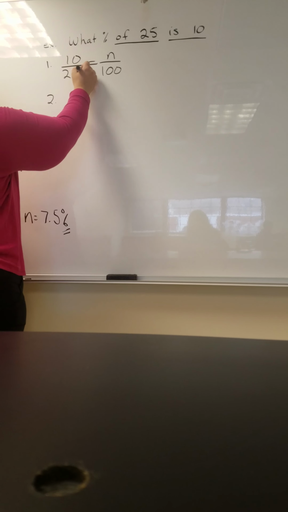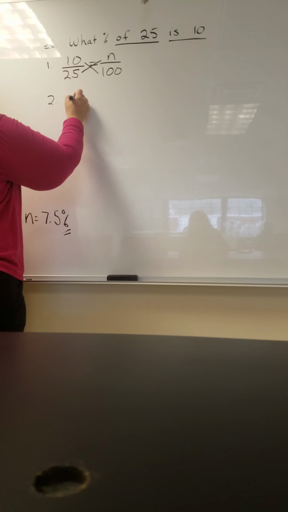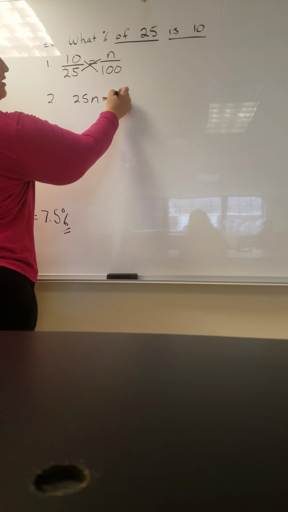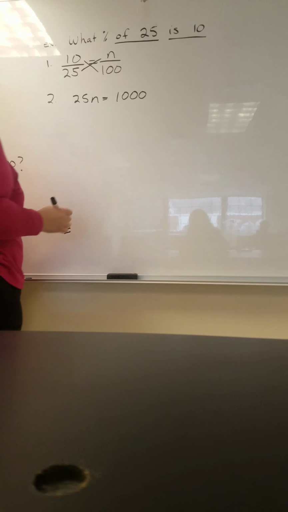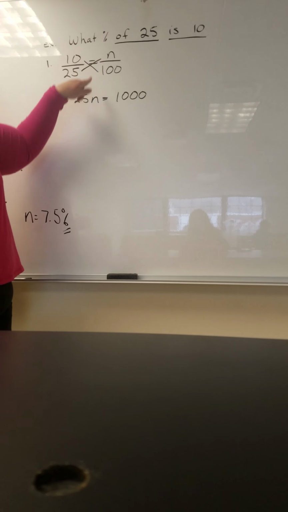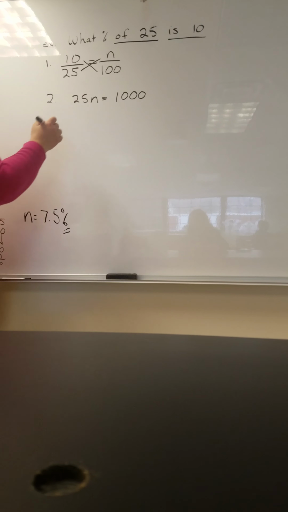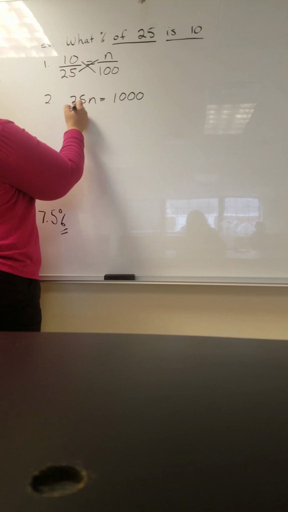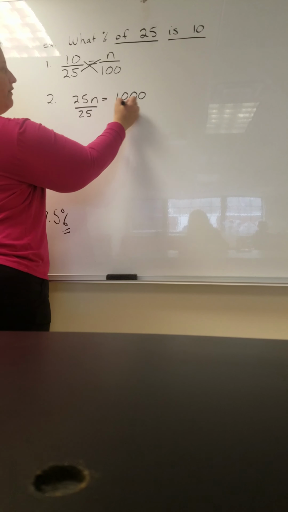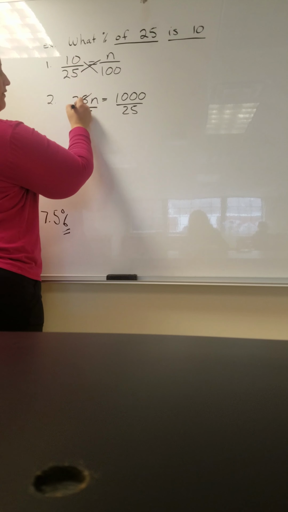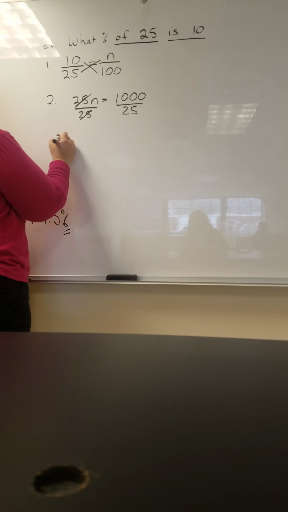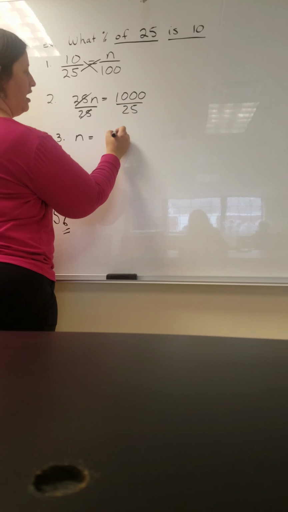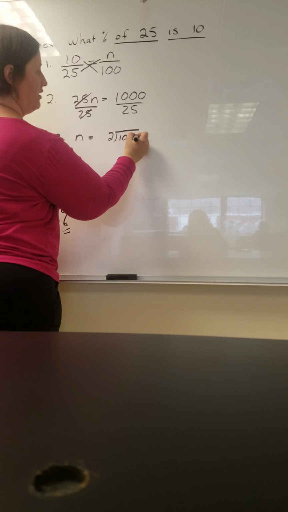It doesn't matter which one you do first. 25n equals 100 times 10 is 1,000. So 25 times n, that's 25n equals 1,000. Again, whatever the n is being multiplied by, we want to divide both sides by it. So divide by 25, divide by 25. The 25s cancel out, and n equals, well, let's figure out what that is.